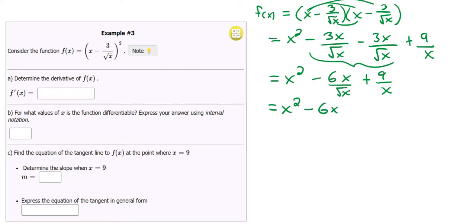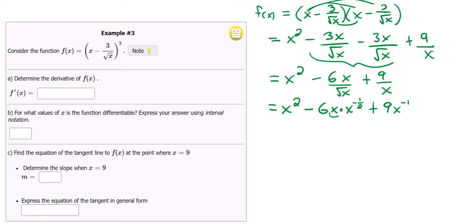And then this square root of x part, that square root of x is really x to the power of a half, right? And it's down in the denominator. So I'm going to call this x to the power of negative a half, just by moving it up to the top here. And then plus, I'm going to do the same thing with the x down here. I want this to be up in the numerator, so I'm going to call this x to the power of negative 1, just to bring it up.